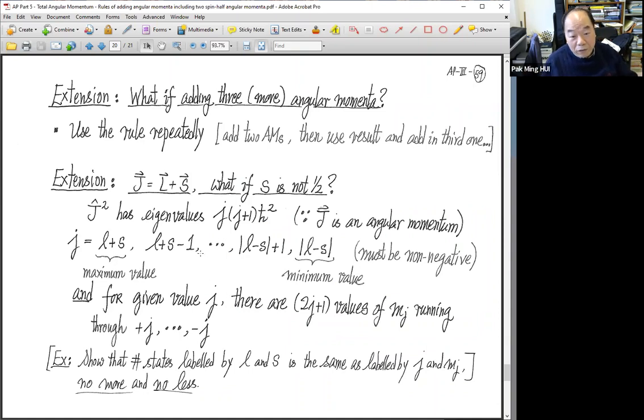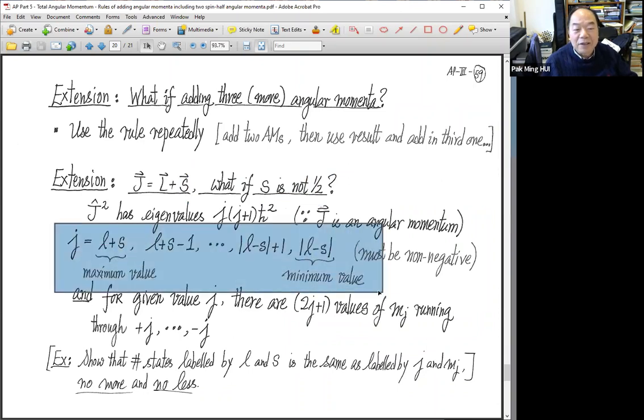So what if I'm not adding spin half? It could be L added to a spin one, so how to add? I give you the rule. Again, total angular momentum is the sum of the angular momenta.